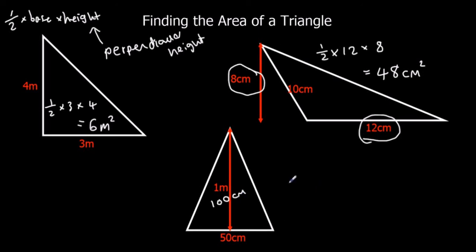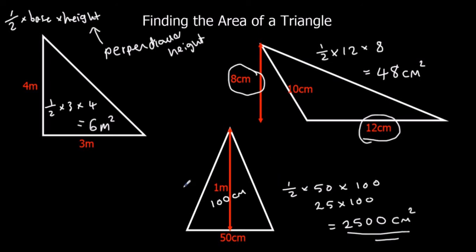And then I'd do half times base, which is 50, times the height, which is 100. Half times 50 is 25. So now I've got 25 times 100, and 25 times 100 is 25 with 2 zeros on the end. So 2,500 centimeters squared.